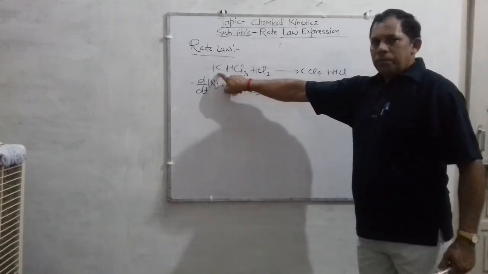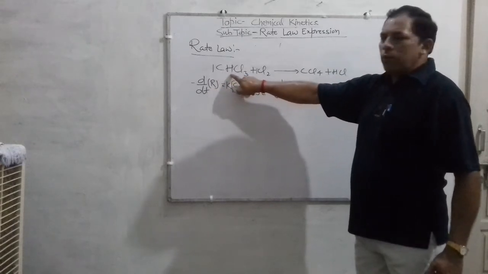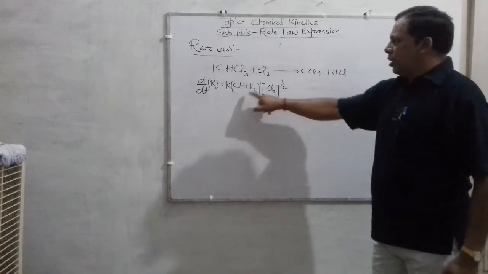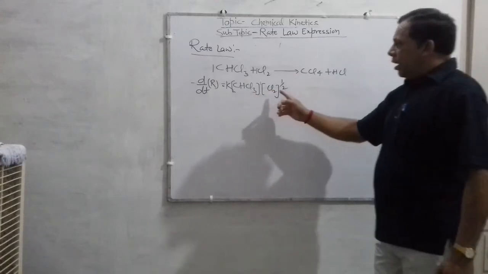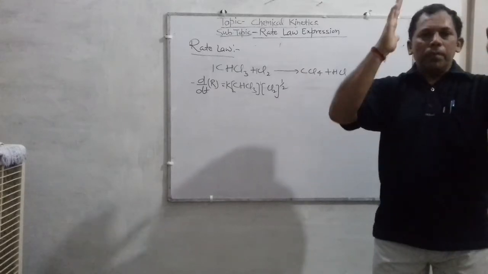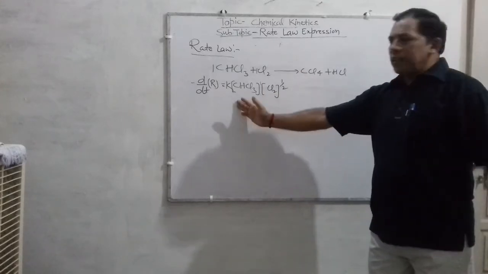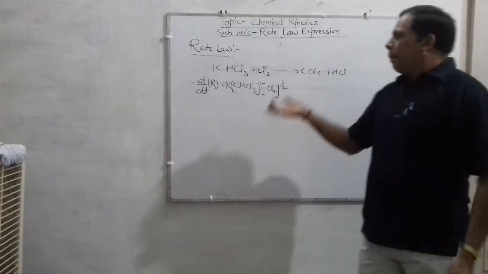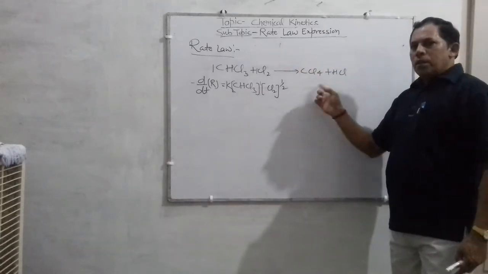There, 1 is the stoichiometric coefficient for chloroform and 1 is that of chlorine, but here it is changed, and that is derived or determined only by experimental means, not by theoretical means, or not by merely looking at the balanced chemical reaction.